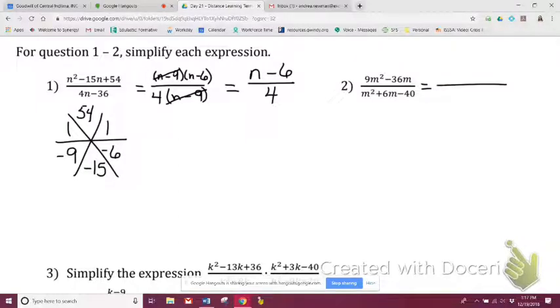Bigger. 9. If I have m squared in one term, m in the other, do you pick the bigger exponent or the smaller one? The smaller one, so I'm picking m to the first or just m. If I factor that out from both terms, that leaves me with m minus 4.